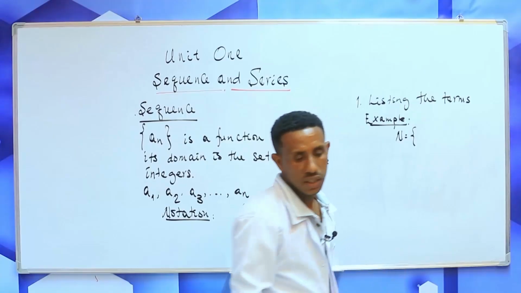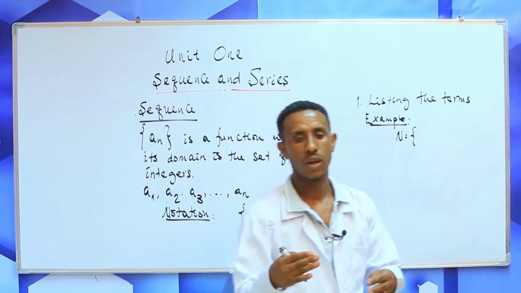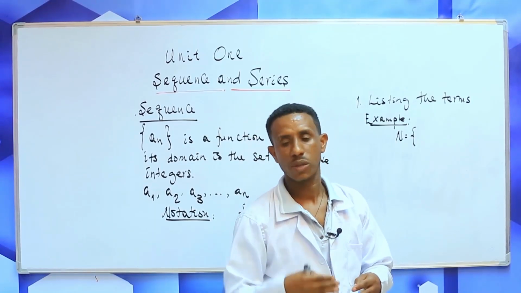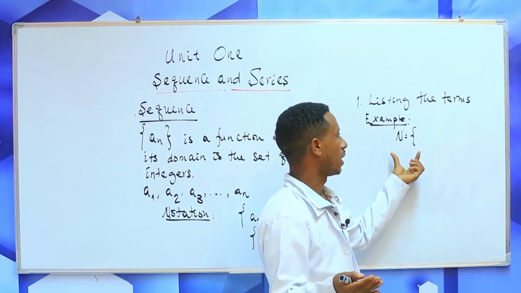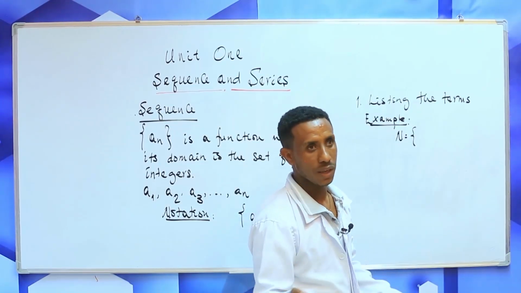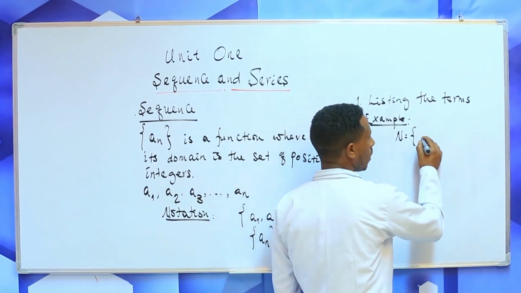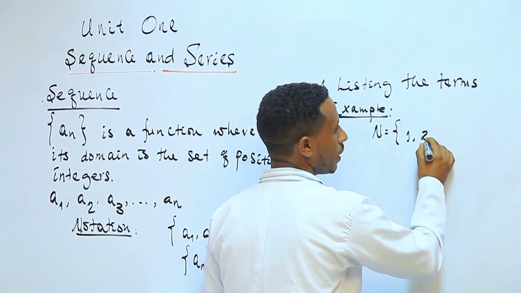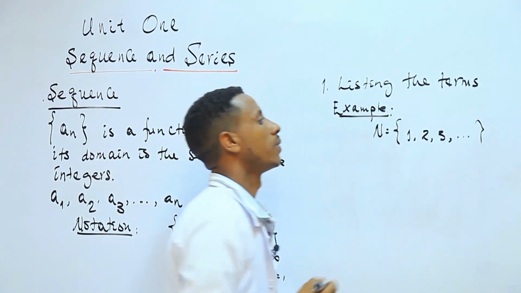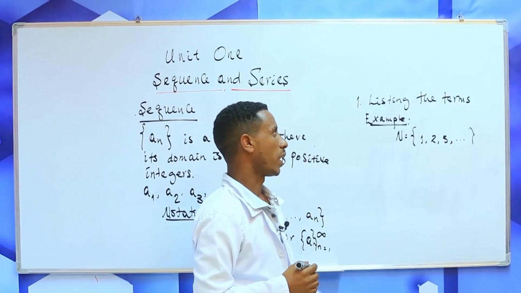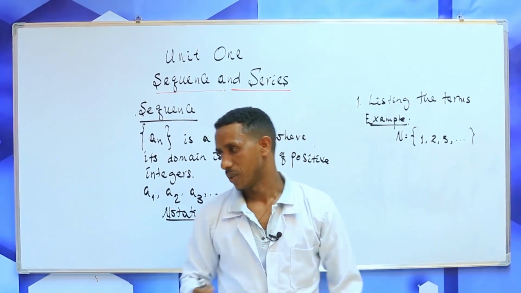We may list all of the terms of the given sequence, or we may also list the terms partially. We can only list the sequence of natural numbers partially because it is an infinite sequence. So 1, 2, 3, and so on, up to this. We can describe a sequence by listing the terms.